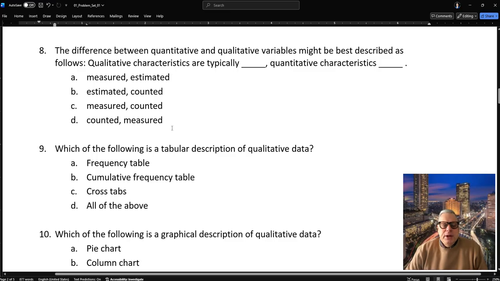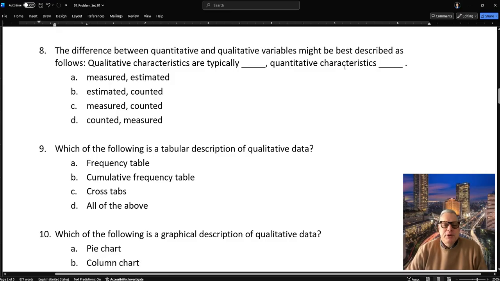The difference between quantitative and qualitative variables might be best described as follows. Qualitative characteristics are typically blank, quantitative characteristics are. So qualitative characteristics are typically counted, and quantitative characteristics are typically measured.